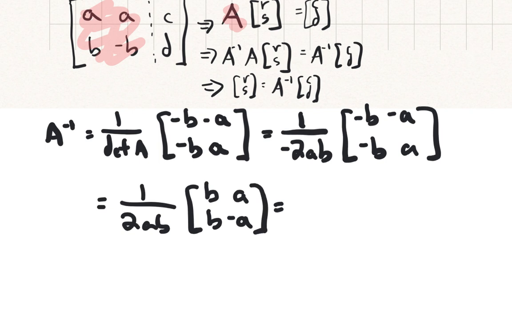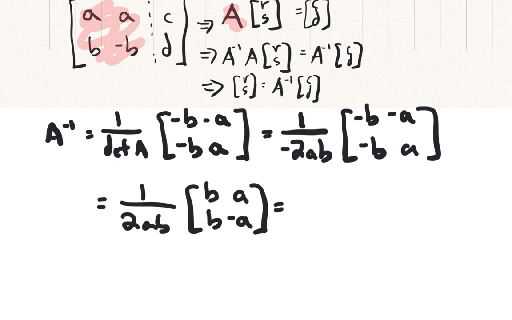Great. And now I'll multiply this through by 2AB. Remember, these guys are just real numbers, so that's no problem. So I'm going to multiply each entry by 1 over 2AB. And so in the first column here, the B's are going to cancel.